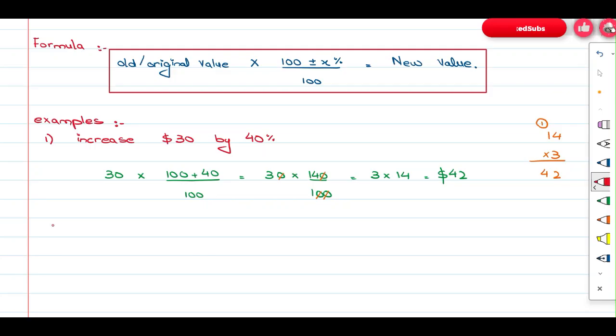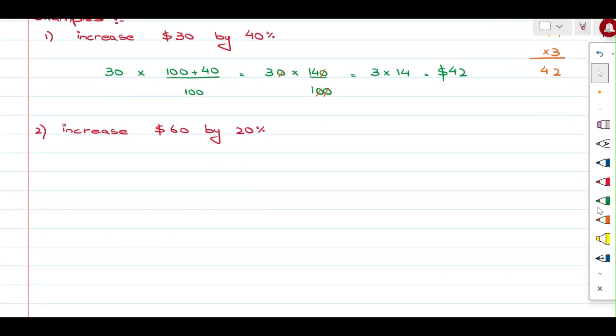Let's do another example. Number 2: increase $60 by 20%. Let me do this. $60 is your original value, multiply by 100 plus, as it's an increase, 20%, divided by 100.